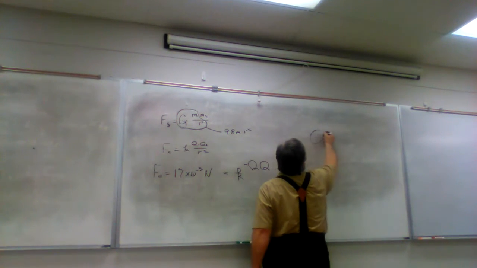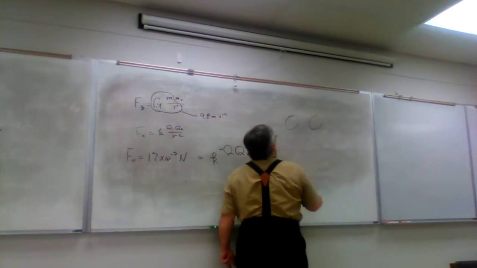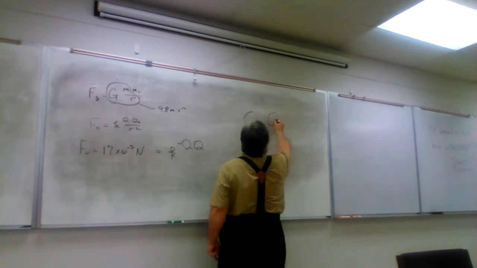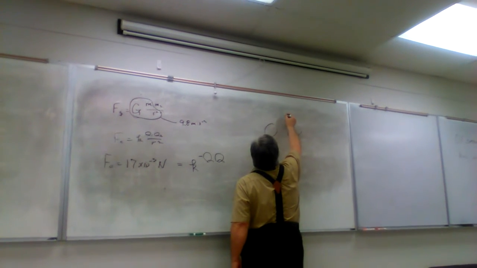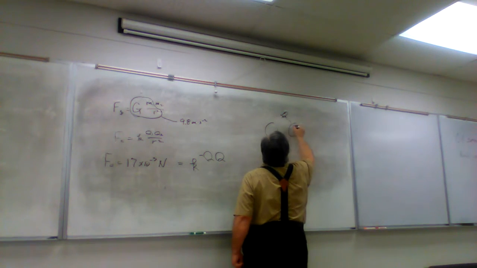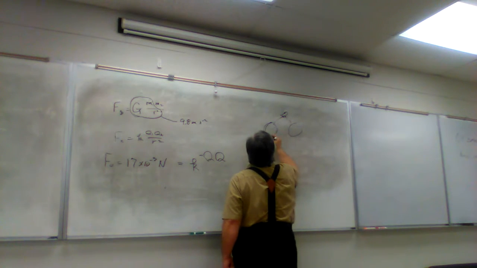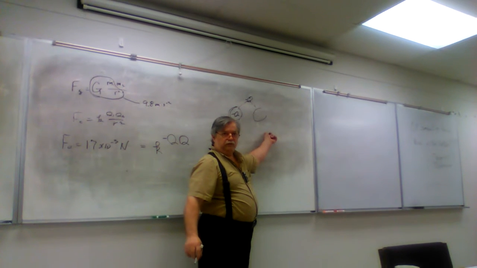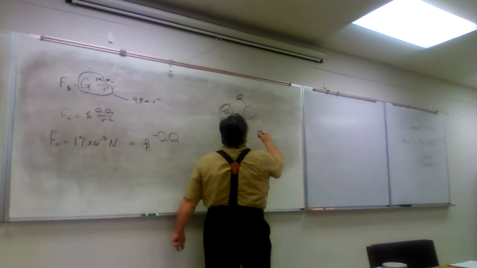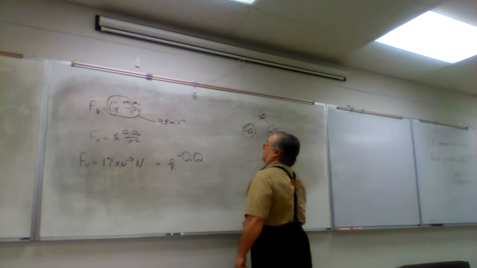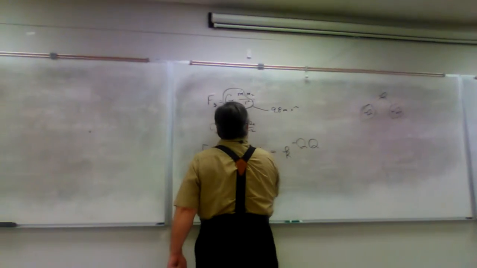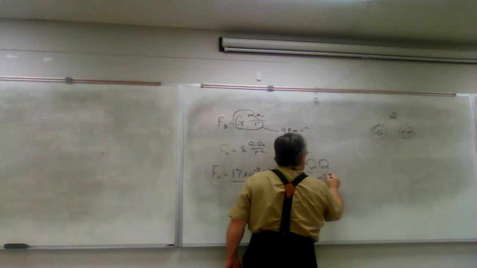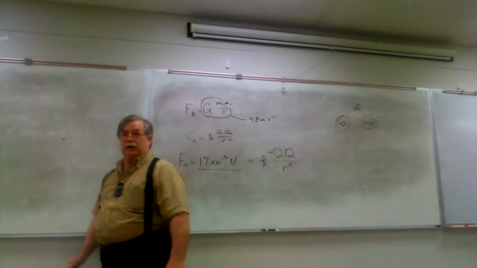You've got two plastic balls. They're both electrically neutral. You suck off minus Q worth of electrons from this ball and deposit them on here, so this one becomes minus Q charge. What does that leave for charge on the original ball? Plus Q. So you've got this 17 millinewtons is equal to K times negative Q times positive Q divided by the distance between them squared.